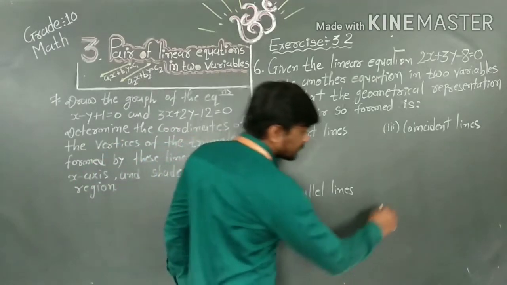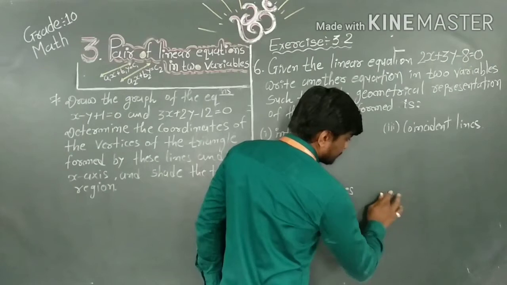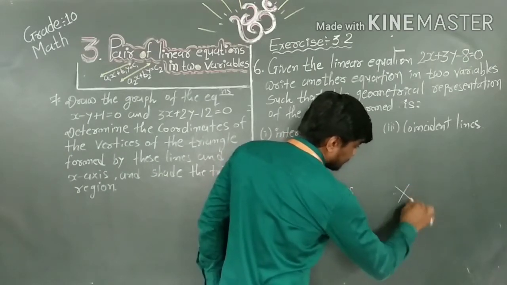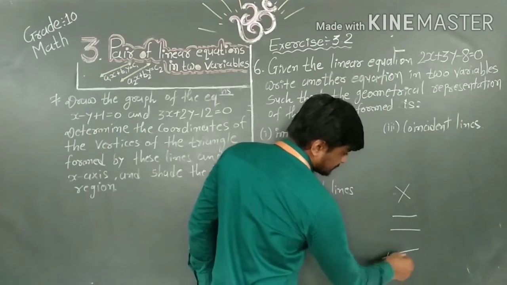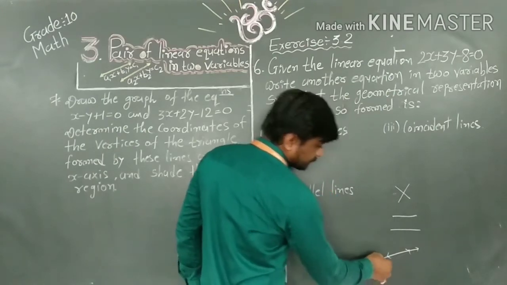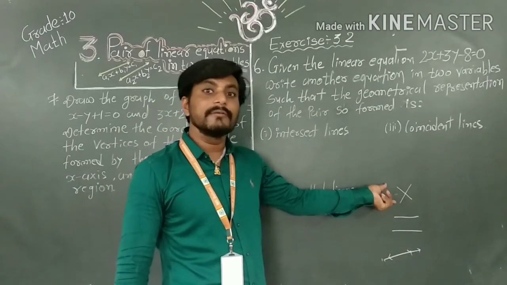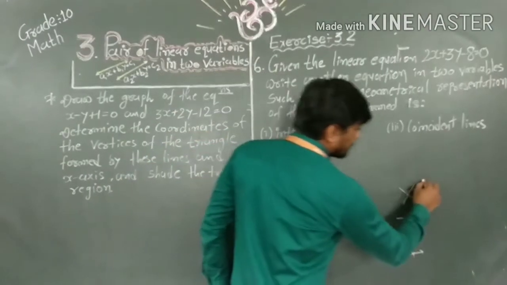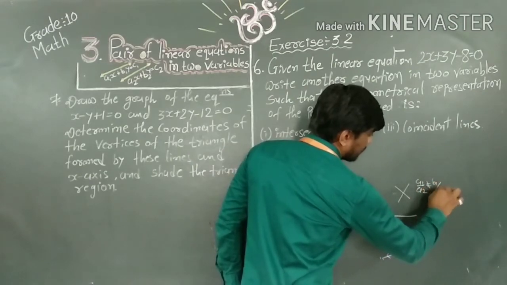In our previous videos we already learned about intersecting lines, parallel lines and coincident lines. For intersecting lines, a1 upon a2 is not equal to b1 upon b2.